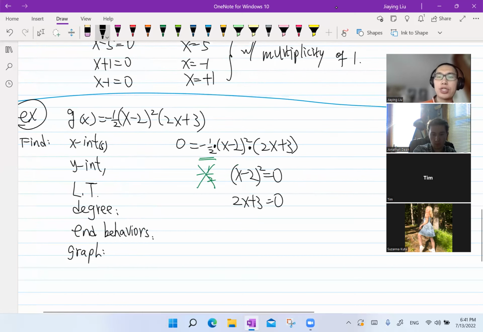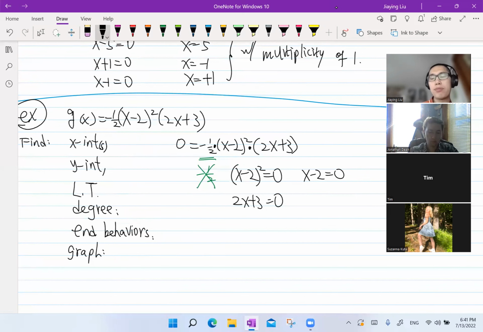From the first equation, by taking square roots on both sides, I add plus or minus, but I still have x minus 2 equals 0, which gives me x equals 2. Because I had (x minus 2) squared to begin with, before I take the square roots on both sides, the square tells me that x equals 2 has a multiplicity of 2.